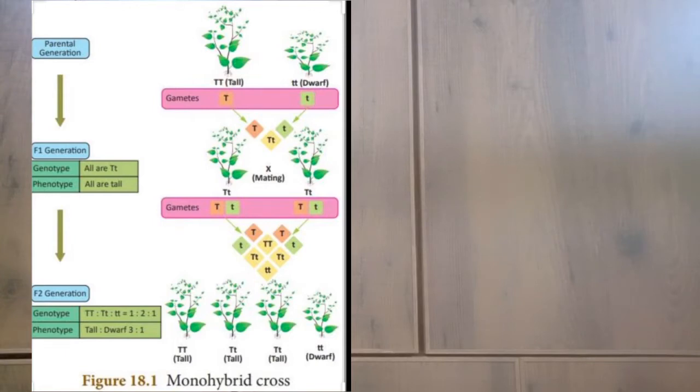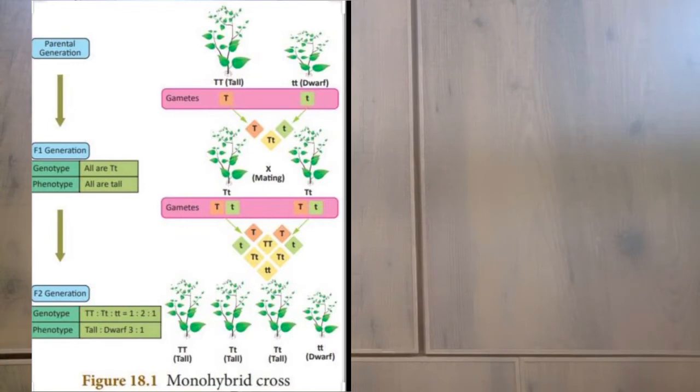Now the F1 plants are once again crossed or self-pollinated. That is capital T small t into capital T small t. When these are crossed, we get the F2 generation. In the F2 generation, we get 3 tall and 1 short.